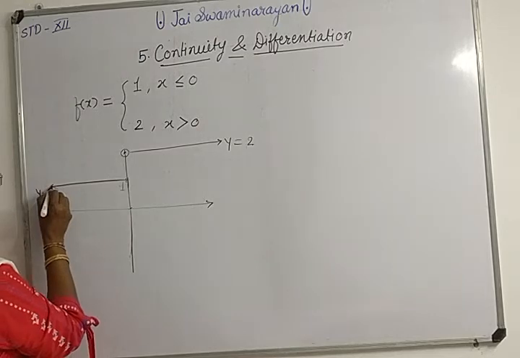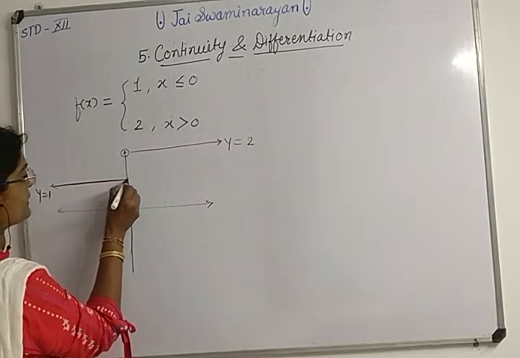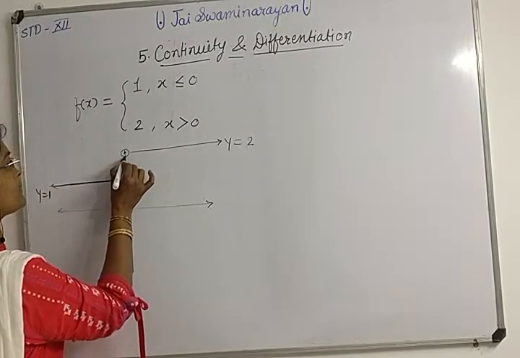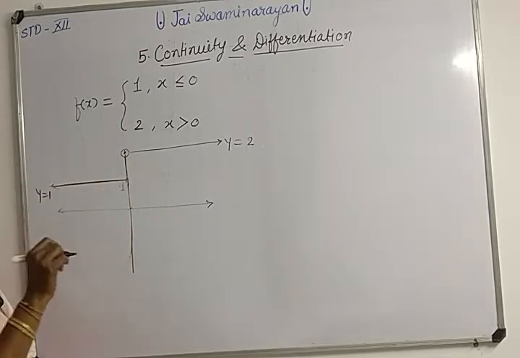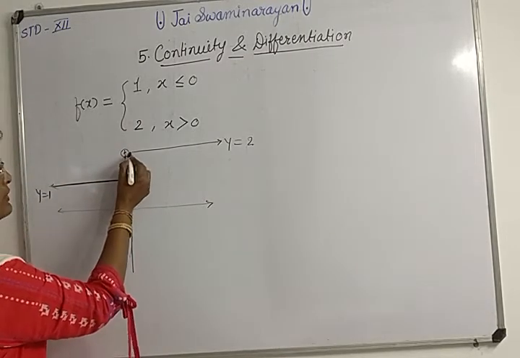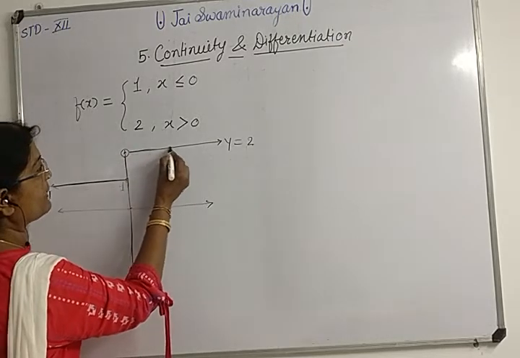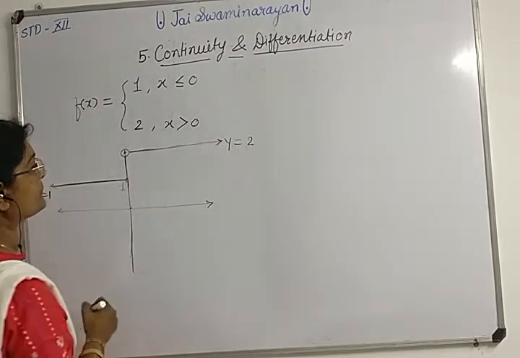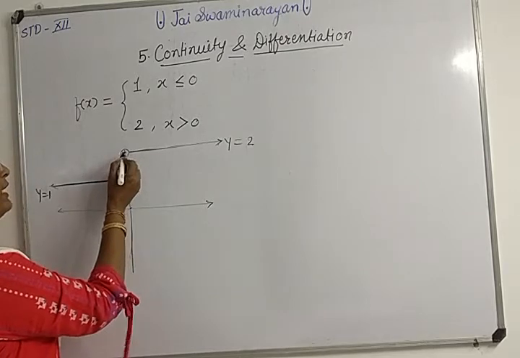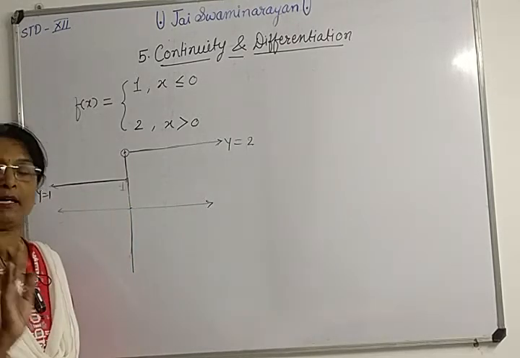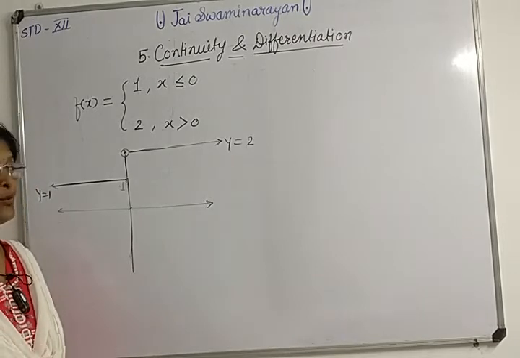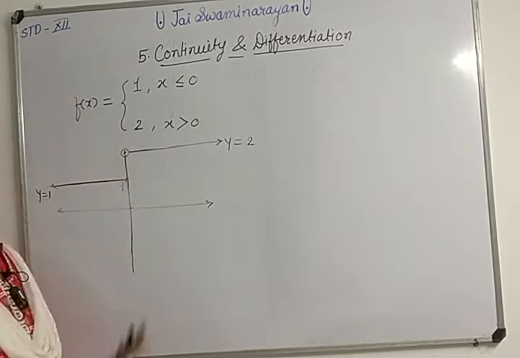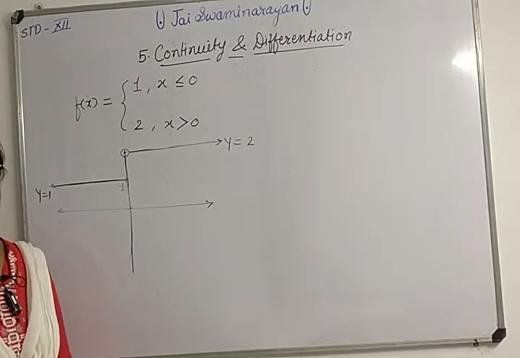Suppose I have started from this point and reached this point. But here there is a discontinuity because I have to lift the pen to join this curve. I have lifted the pen and drawn this curve. So at this point I have lifted the pen, means I can't draw the curve without lifting a pen, and therefore this function is not a continuous function.